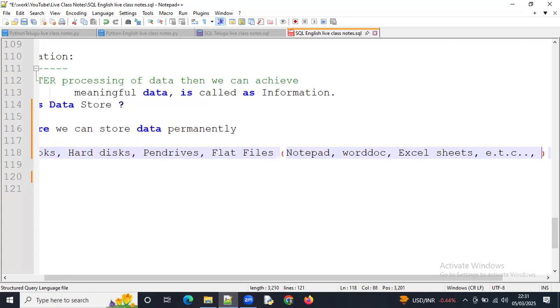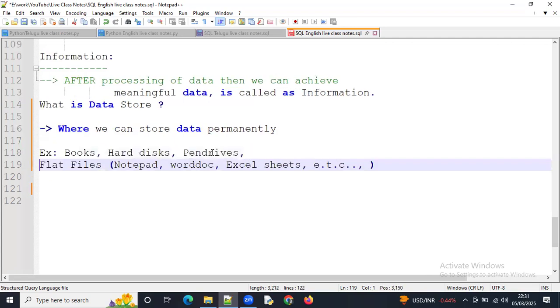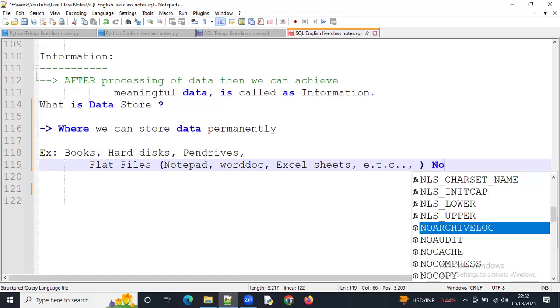Next, I am going to write from here in the next line. After that, we started saving our data in the form of normal databases. Normal databases are different from relational databases, right?